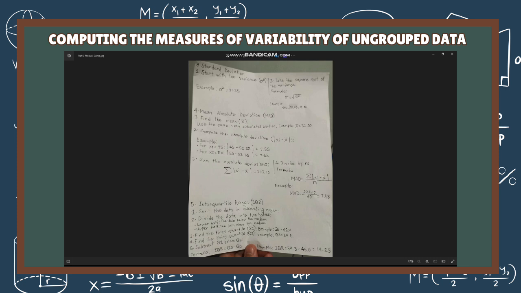So, manual computation of measures of variability for ungrouped data is important because it deepens understanding of the data spread and provides insight into the underlying distribution.